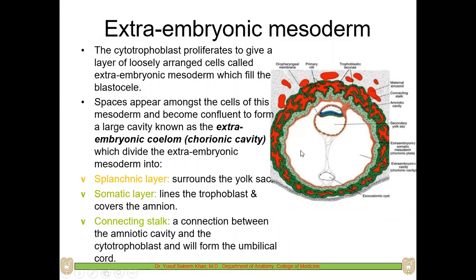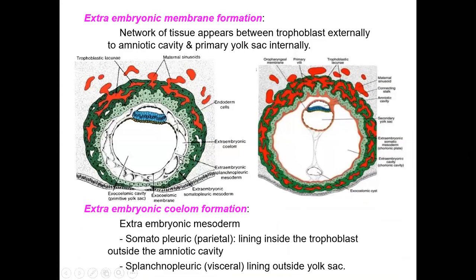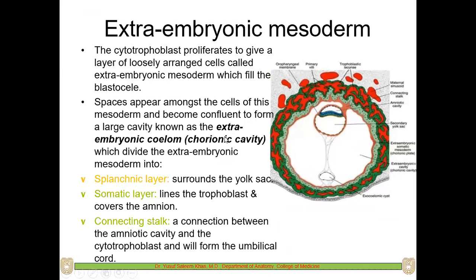So all these small cavities join together to form a larger cavity called the extraembryonic cavity, also called the chorionic cavity, which divides the extraembryonic mesoderm. Now there are still two layers. The splanchnic layer surrounds the yolk sac, and the somatic layer lines the trophoblast and covers the amnion.